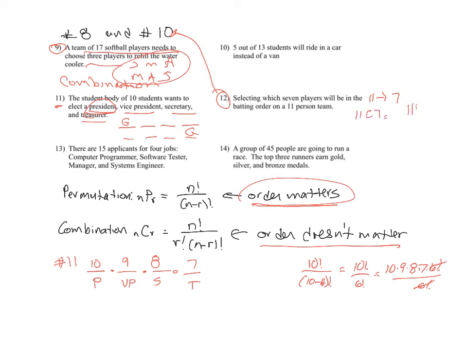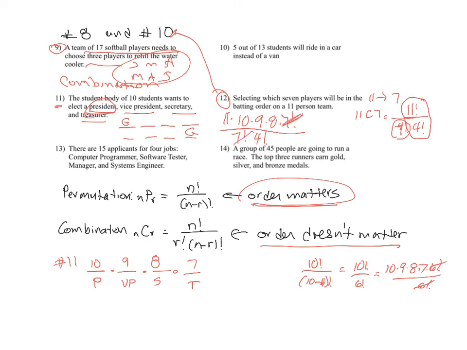So we would have 11 factorial over, and now we follow the formula, 7 factorial, 4 factorial. So it's similar to a permutation in this sense, but this extra factorial down here divides out the duplicate groups. So we would take 11 times 10 times 9 times 8 times 7 factorial over 7 factorial times 4 factorial.